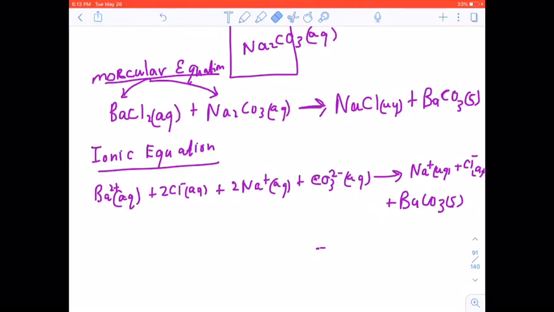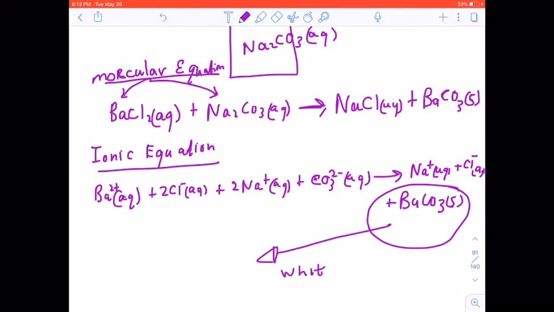So then we have that ionic equation, and here you have your precipitate as well, and this is also a white precipitate.